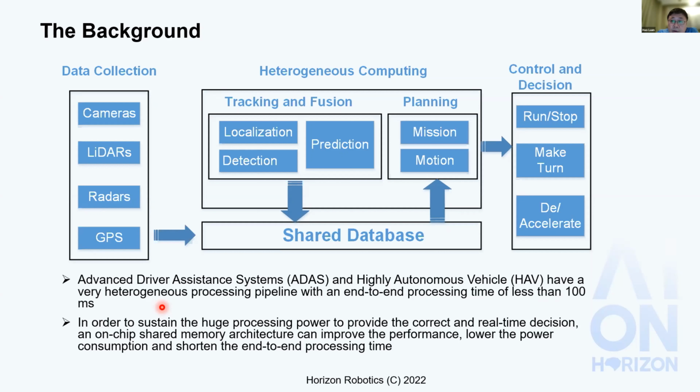However, at the very end, when we reach the control decision, we need ASIL D compliance, so that we have the highest level of safety and make sure there's no surprise at the end. And in order to sustain a huge processing power and provide correct real-time decisions, on-chip shared memory architecture is really needed to improve the overall performance, lower the power consumption, and shorten the end-to-end processing time.